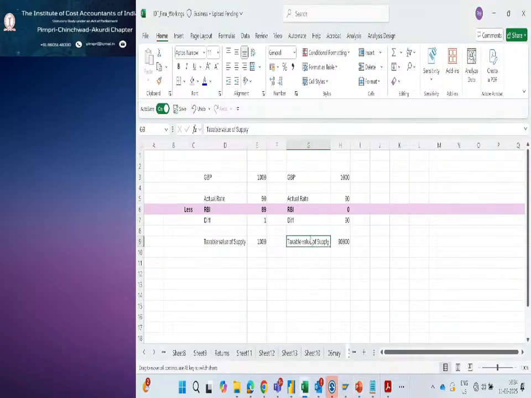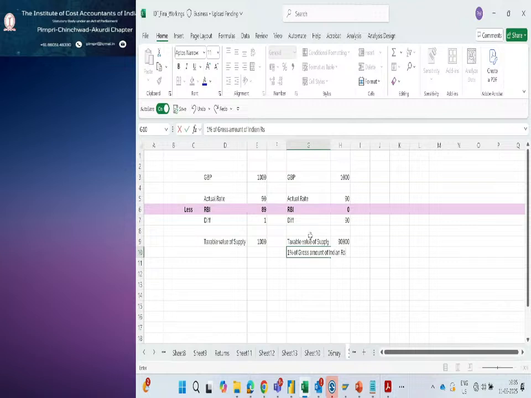So here, 1% of gross amount of Indian rupees. So 90,000 into 1%. In that case your taxable value of supply is 900.